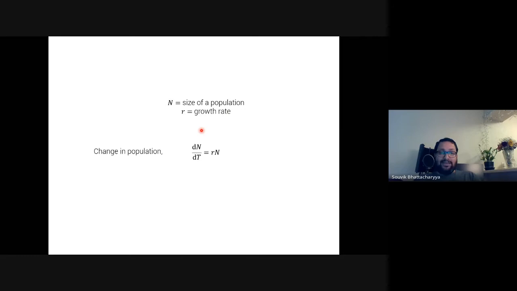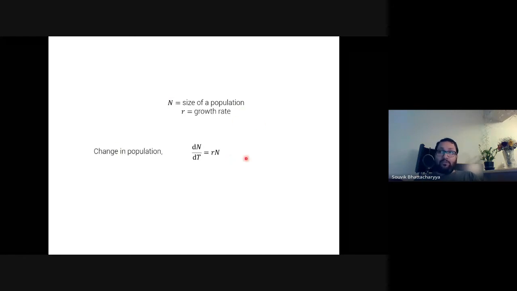So change in population is always calculated, and if you have taken courses in calculus, you will know that you can write small changes in anything using the differential component of an equation. So dN/dt, that is the change in N over time, can be written as the product of r, that is the growth rate, and N, that is the size of the population.